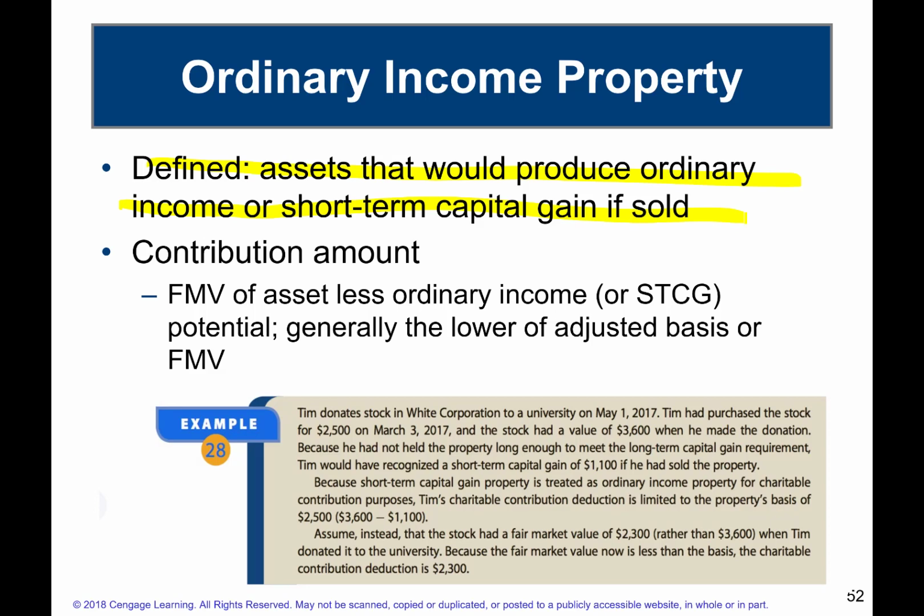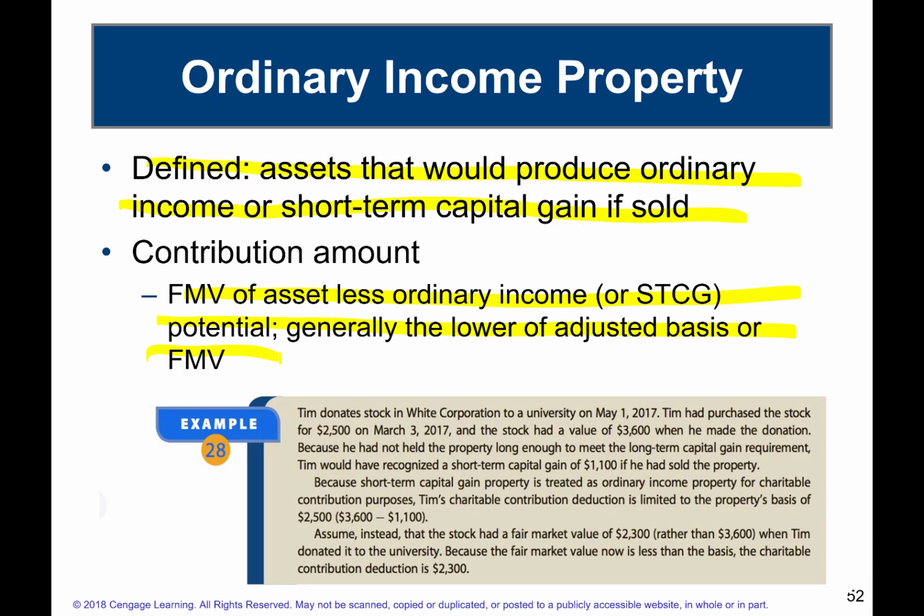If it's ordinary income, then they're going to limit your deduction to the lower of the adjusted basis or the fair market value, whichever is lower, and it ends up being that they're basically going to have you take your basis. You're not going to be able to take the fair market value.